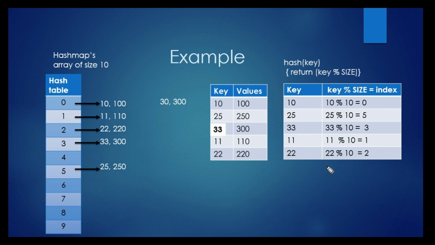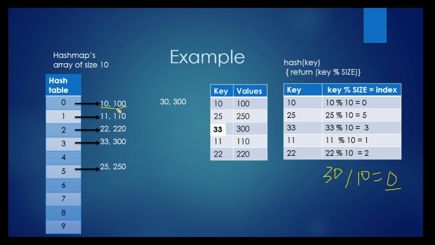We will have 30 modular 10. The remainder will be 0. So this key value pair has the same index as the key value pair of 10, 100.